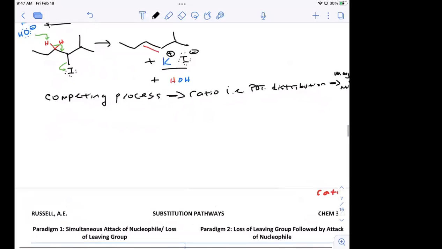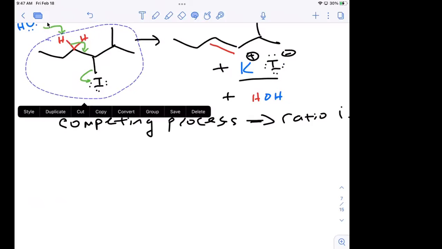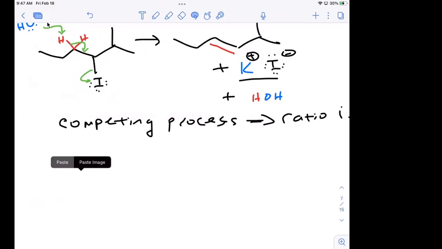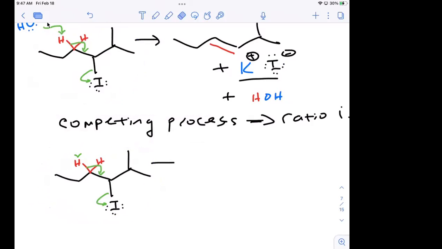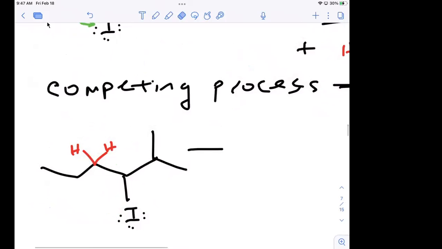Right, so the competitive process is going to be on the other side. Let me just steal this. Right, that's here.